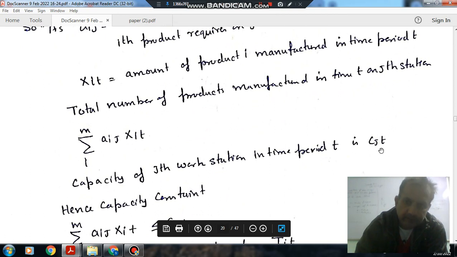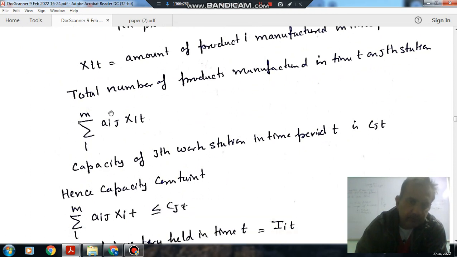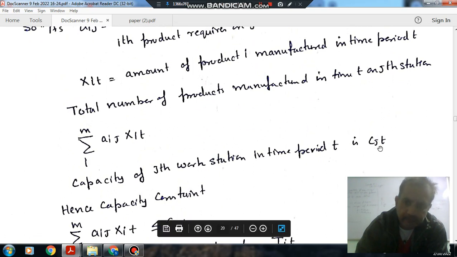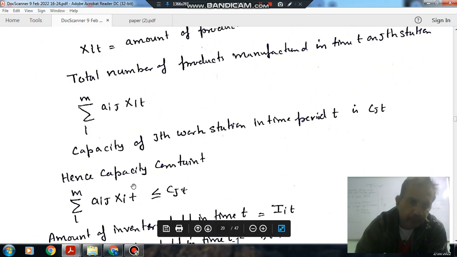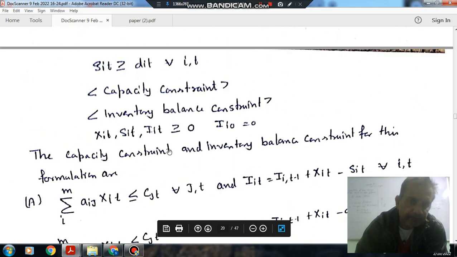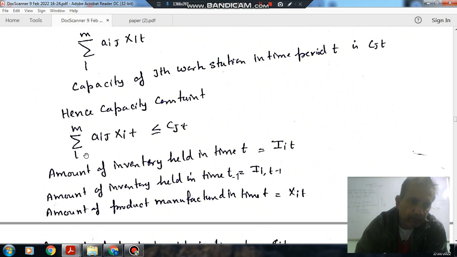The capacity of workstation j is Cjt, so this processing time should be less than this capacity. So the first, capacity constraint is: summation i to M of Aij Xit should be less than or equal to Cjt.